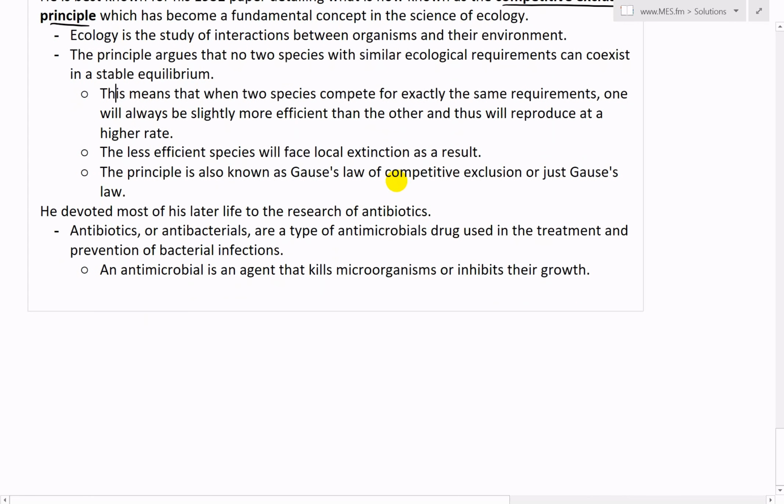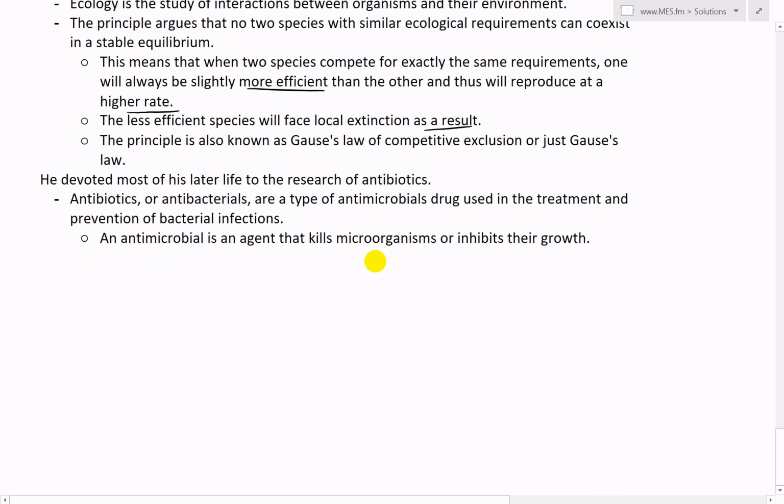This means that when two species compete for exactly the same requirements, one will always be slightly more efficient than the other, because you can't have two exact same, and thus will reproduce at a higher rate. What this means is that the less efficient species will face local extinction as a result, because the other species is just reproducing and taking all the resources. This principle is also known as Gause's law of competitive exclusion, or just Gause's law.